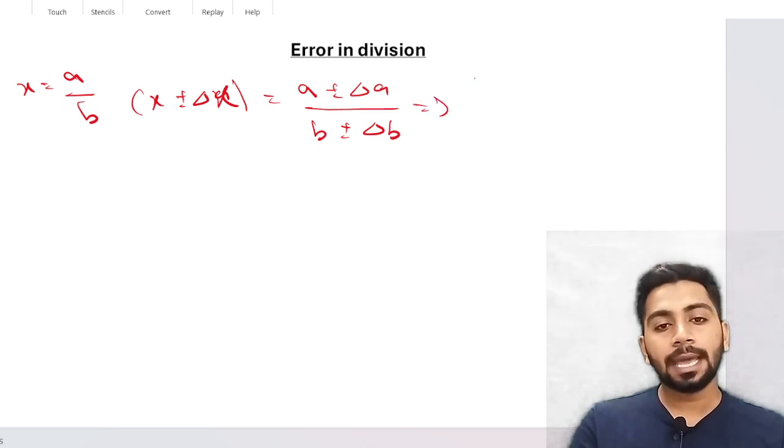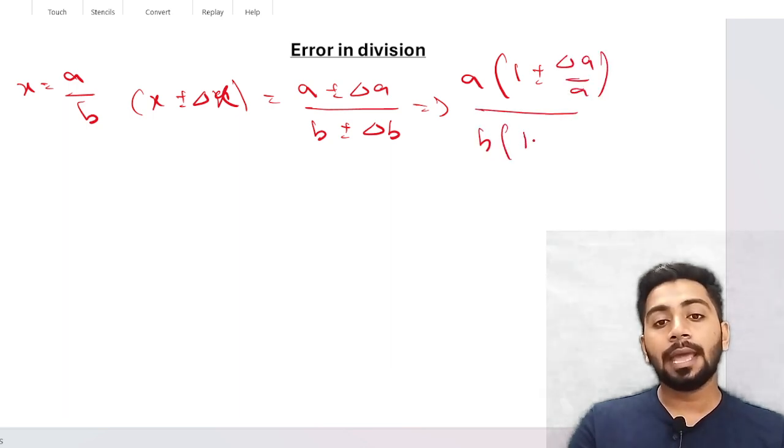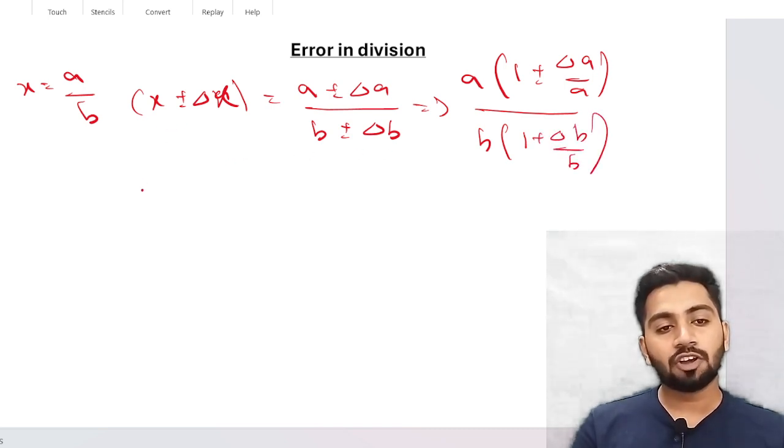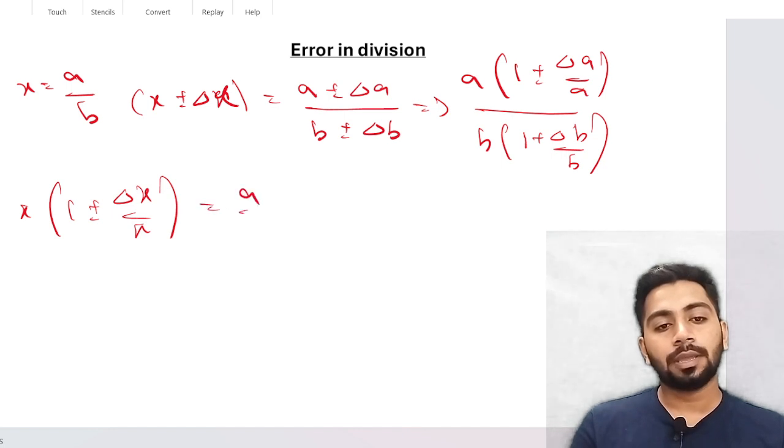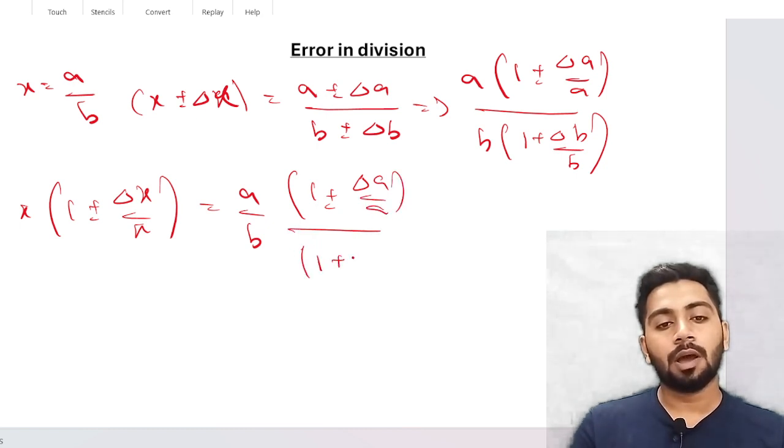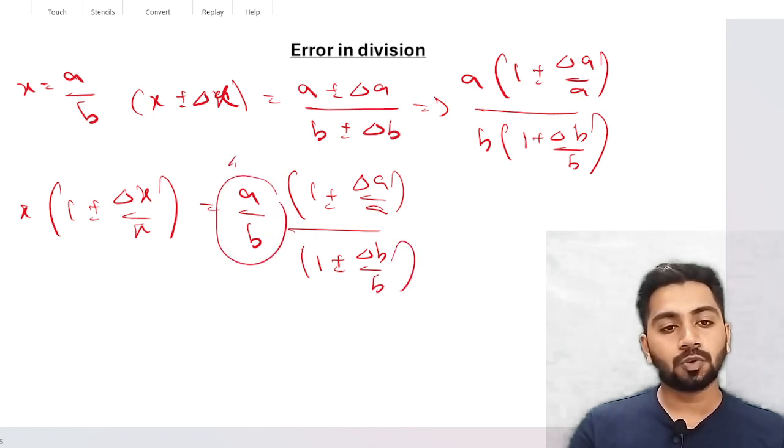Now if I remove a common, it will be like error of a divided by a, and similarly down, error of b divided by b. Now in this I will remove x common. It becomes 1 plus or minus error x divided by x is equal to a by b, and this a by b is equal to x, so this one gets cancelled.